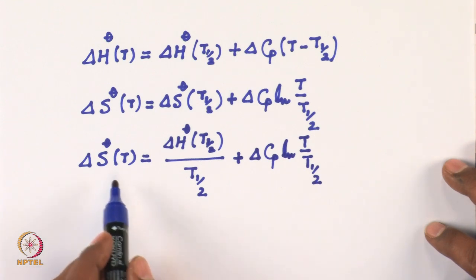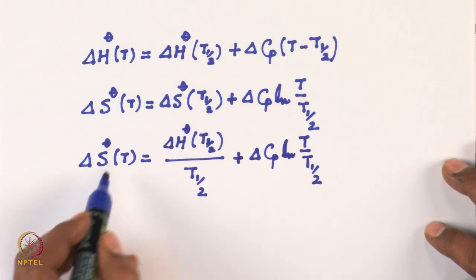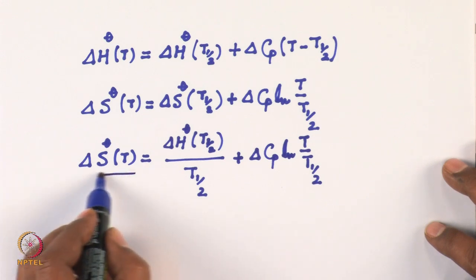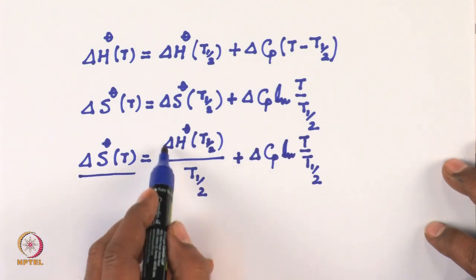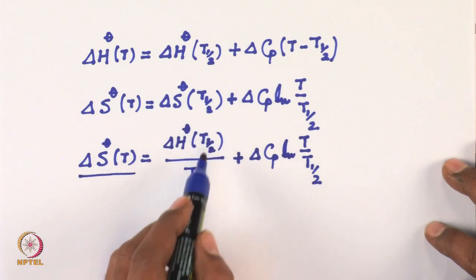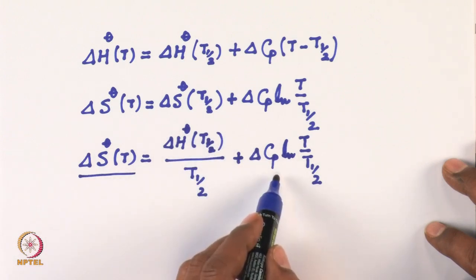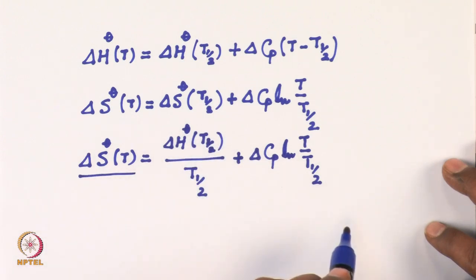And this equation allows me to calculate the entropy change at a given temperature from the knowledge of the enthalpy of transition at the transition temperature and the change in delta Cp.